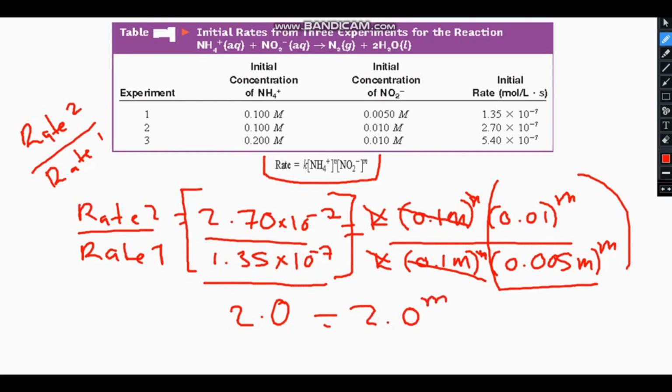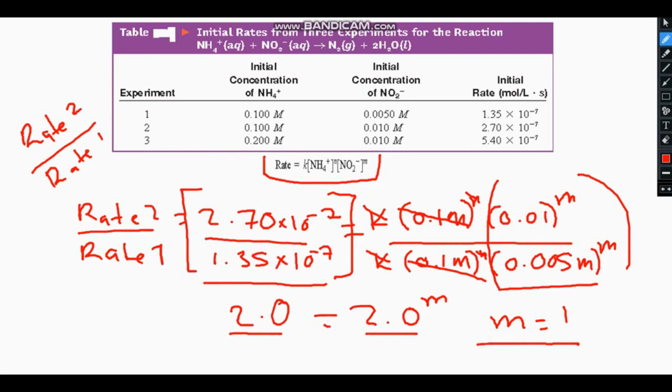Now, according to the law of indices, we know that if the values have the same bases, then they also correspond with the powers. So this has 2 and also this one has 2 as a base. So this simply means for these to have the same bases, m is equal to 1. When m is equal to 1, then these values are the same. So we have used experiment 2 and experiment 1 to determine the value of m. So we have found that m is equal to 1.